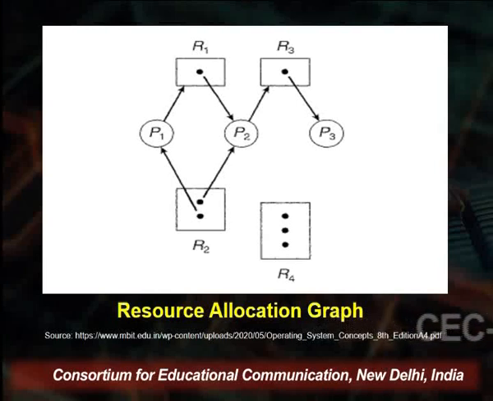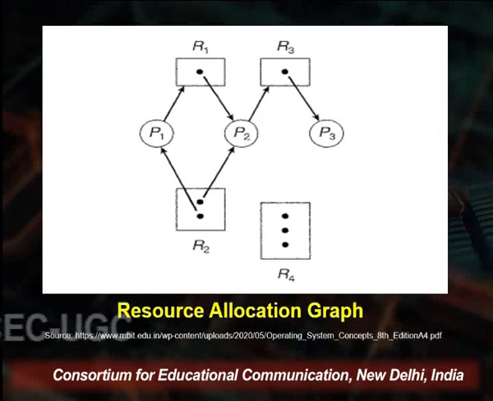Then if we consider the edges from R2 to P1, P1 to R1, R1 to P2, P2 to R3 and R3 to P3, that also does not give any cycle here.